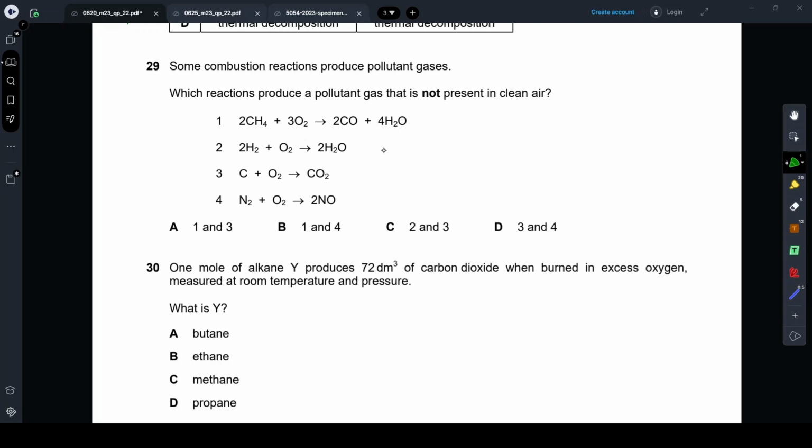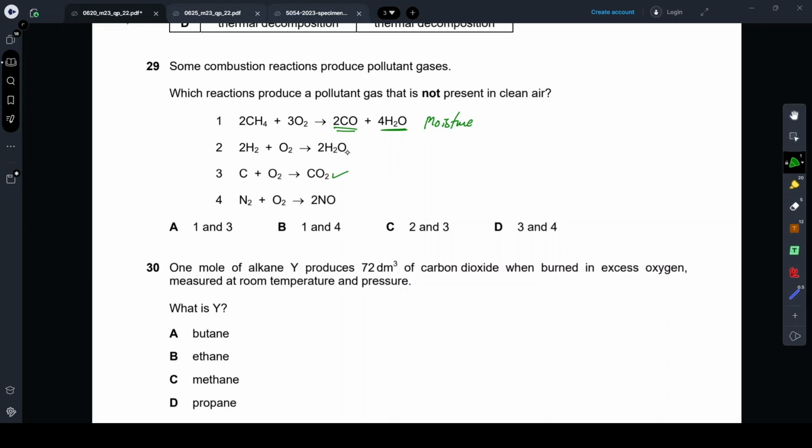H2O is not present in air? Moisture, right? So air does have moisture. It's not a gas per se. I mean, present as moisture, it is gaseous, right? So carbon monoxide is not something that you normally find in air. Carbon dioxide is something that you find in air, right?